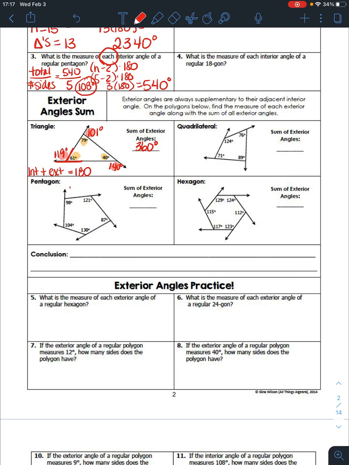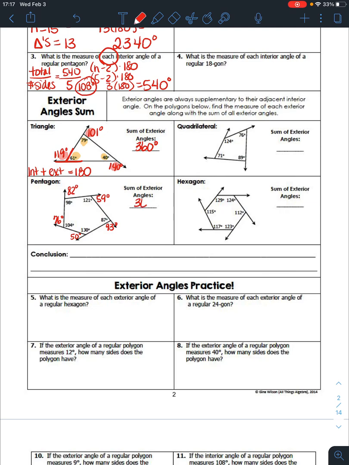If I continue and do that for all of these, then that exterior angle is 82. This exterior angle is 59. 87's exterior is 93. 130's is 50. And 104 is 76. Now, notice I have more angles, but they're all smaller than they were with the triangle.